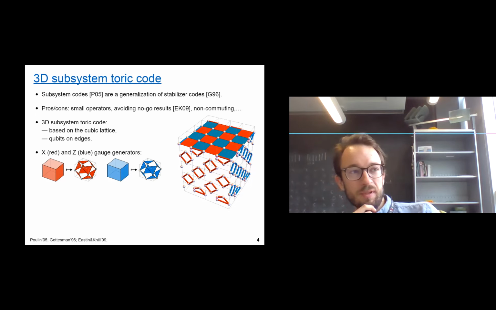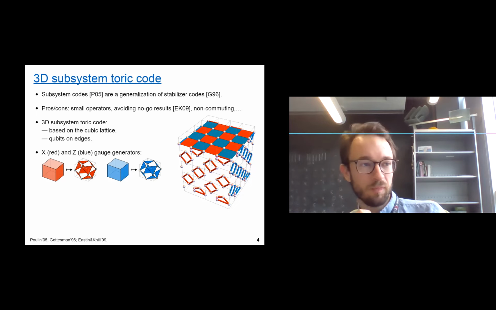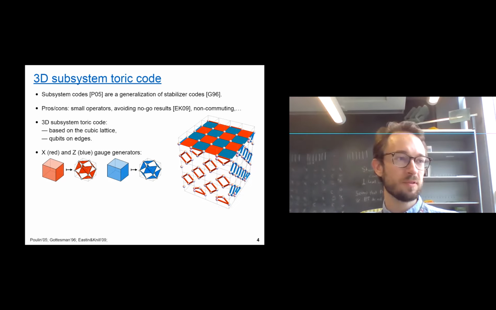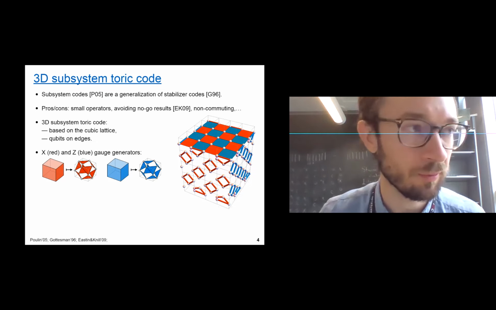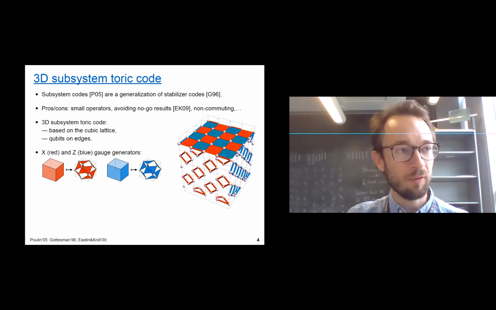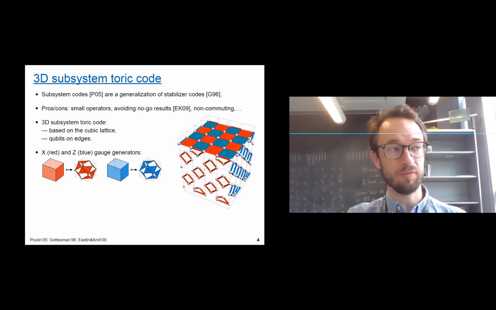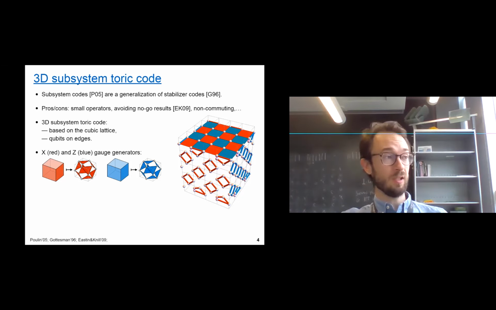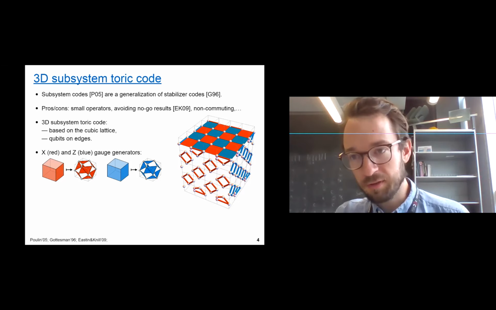There are also some extra gauge generators we include on the boundary. I'll just explain where these come from because it might seem a bit strange. You've got 3 different types of boundaries here. You've got these ones which are similar, except one's X here, one's Z, and then you've got the top and bottom, which look like 2D toric codes themselves.